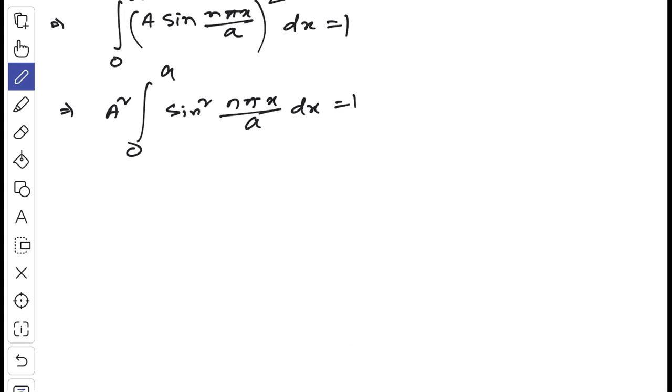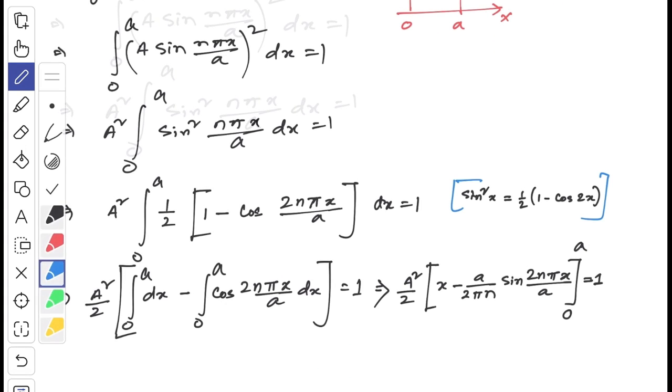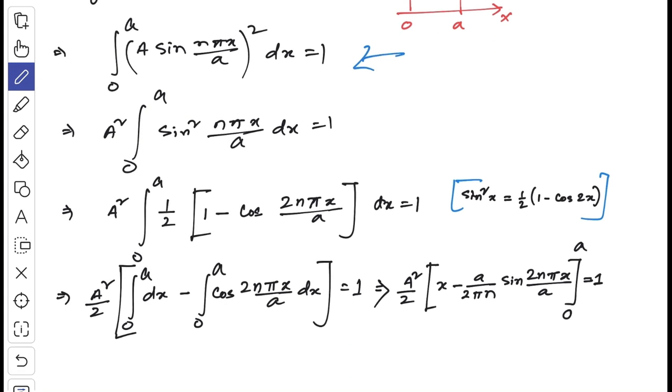So here I will show the integration. So here you see how to integrate. The formula that I have used is written here so that you can understand easily. And after integrating these two terms we have got this result.